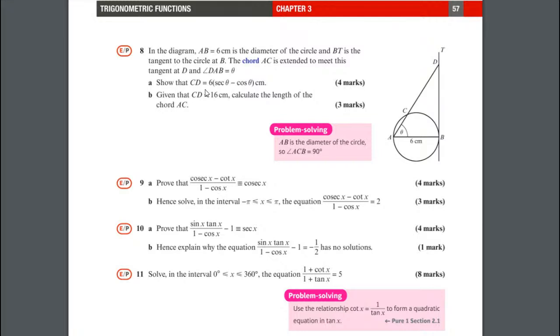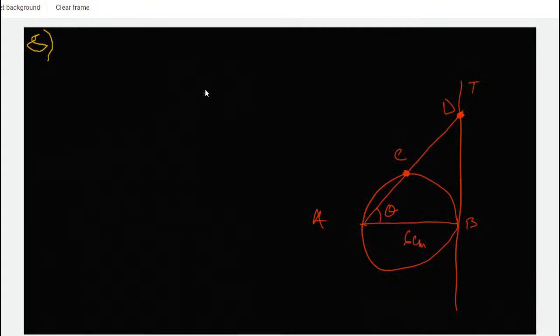So for AD, what can I do? AD is the hypotenuse. Cos theta is equal to adjacent over hypotenuse, so AB over AD. Rearranging this, I can get AB by cos theta is equal to AD.